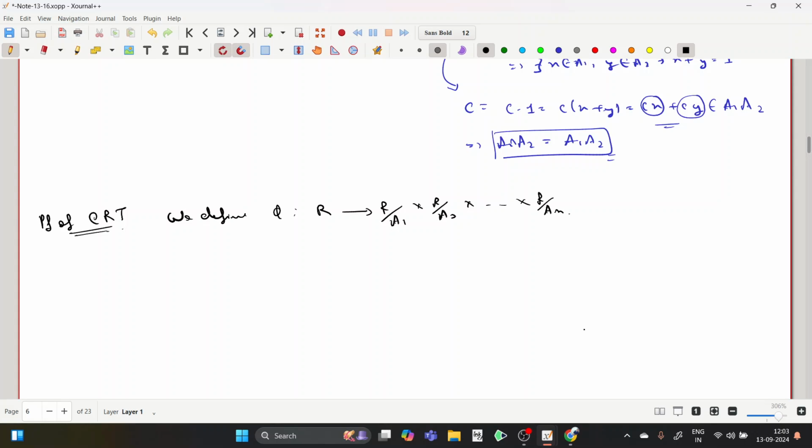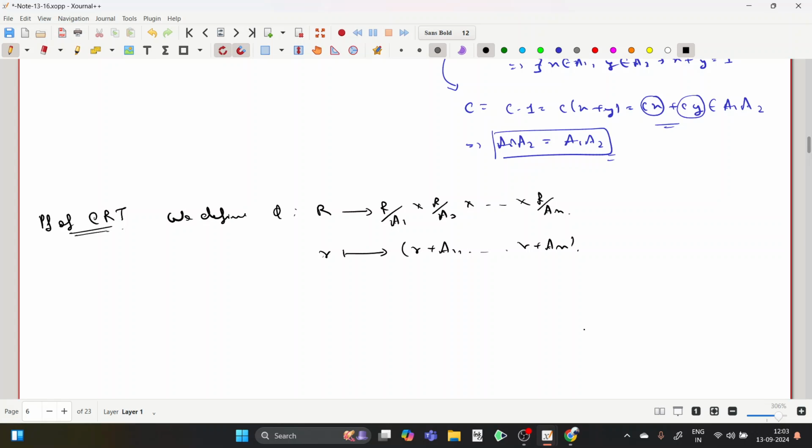Okay, and how do we define this? We send an element small r to R plus A1 till R plus AN. Now sometimes I will be calling an element of the form R plus AI to be R mod AI, because when we had studied the concept of quotient groups or quotient rings, we have followed that when we choose a representative from a certain coset, it actually resembles the concept of taking modulus with respect to that coset.